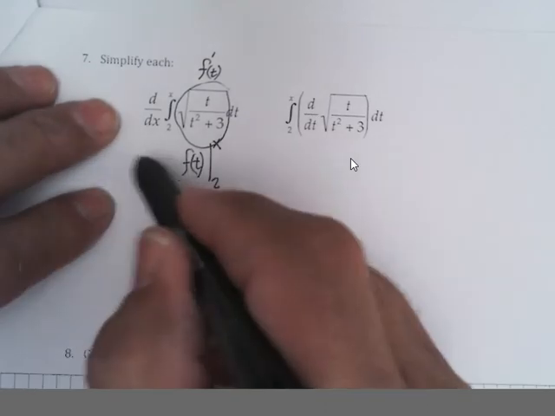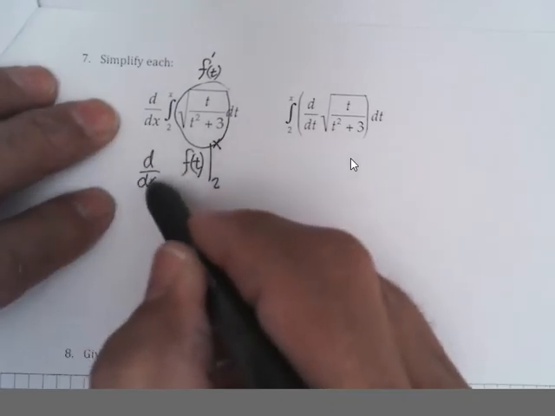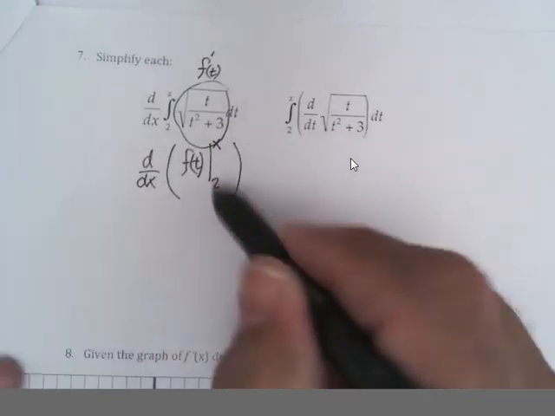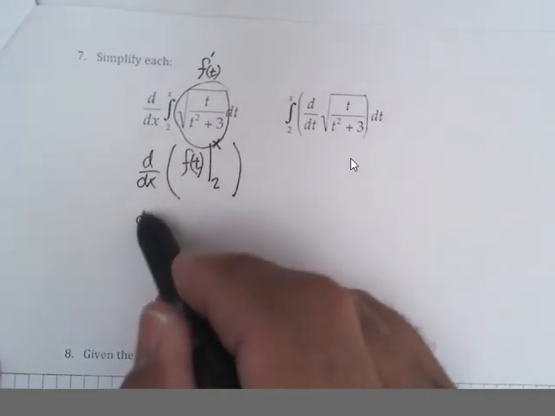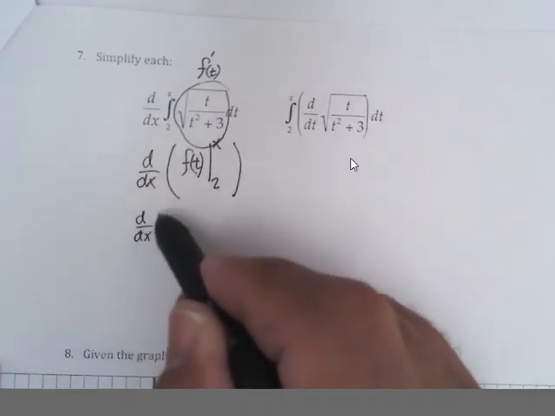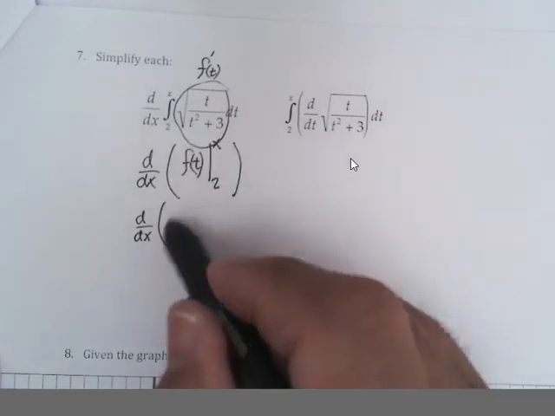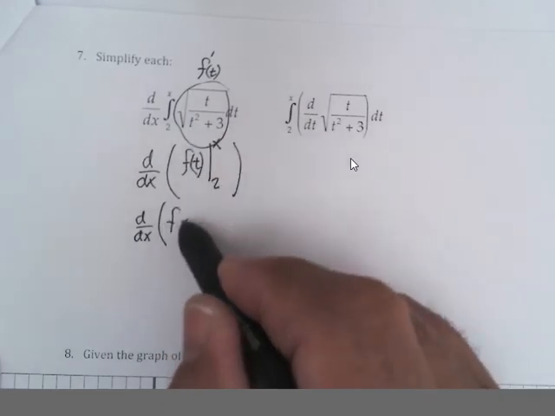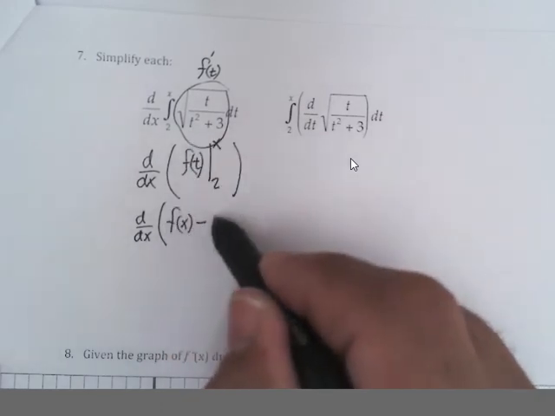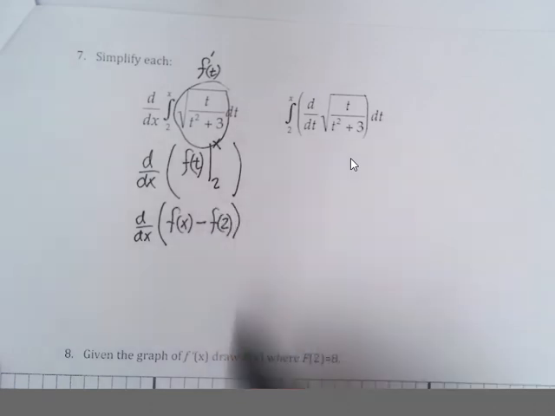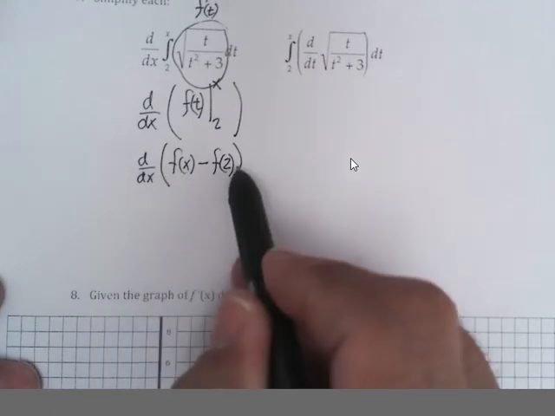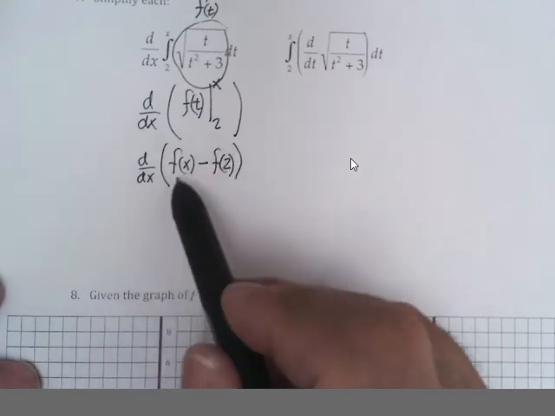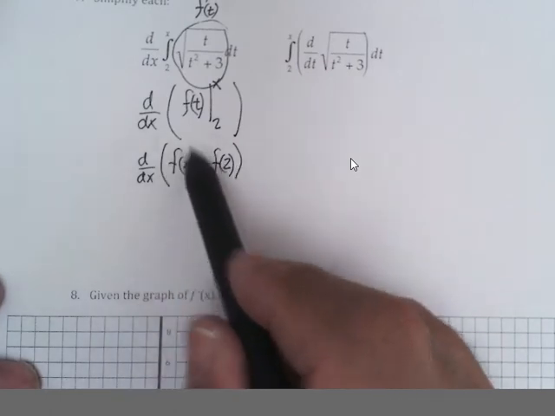Now, I haven't taken the derivative yet, so d dx. So now I'm going to do my definite integral here, and I'm going to get d dx of f of x minus f of 2. Now, if I take the derivative of this, that means I would have to take the derivative of f of x.